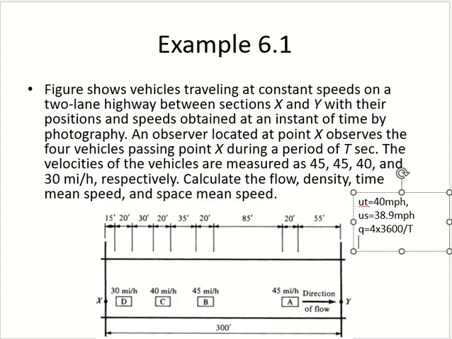So 4 divided by this, then into miles. 4 divided by 300 into miles. How much?